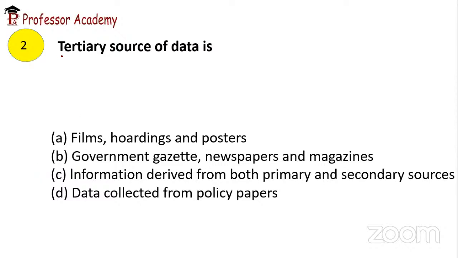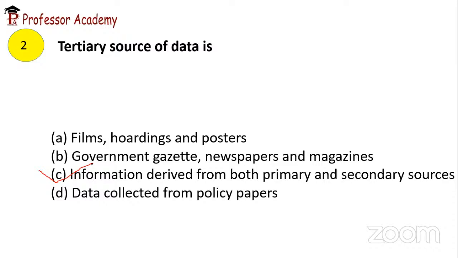Moving on to question number 2. Tertiary source of data is A, films, hoardings and posters, B, government gazette, newspapers and magazines, C, information derived from both primary and secondary sources, D, data collected from policy papers. The right answer is option C, information derived from both primary and secondary sources.